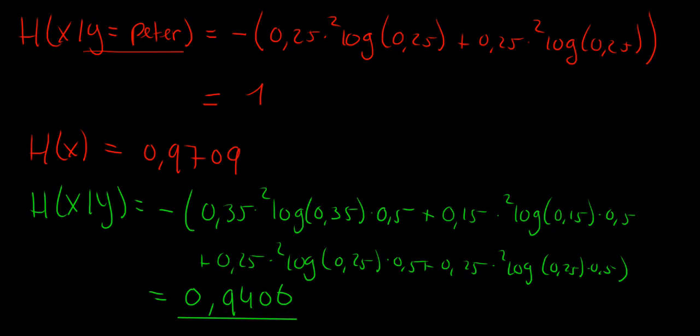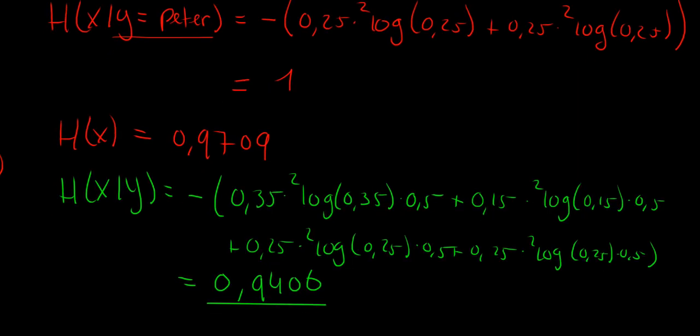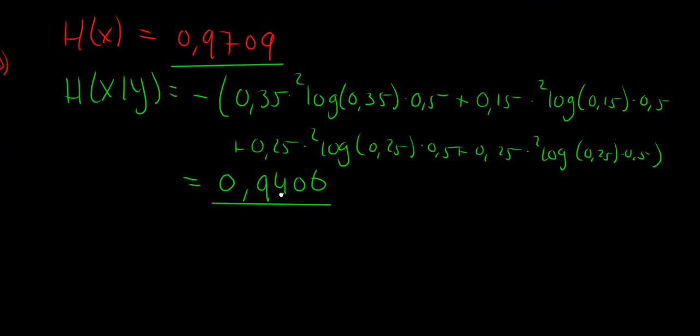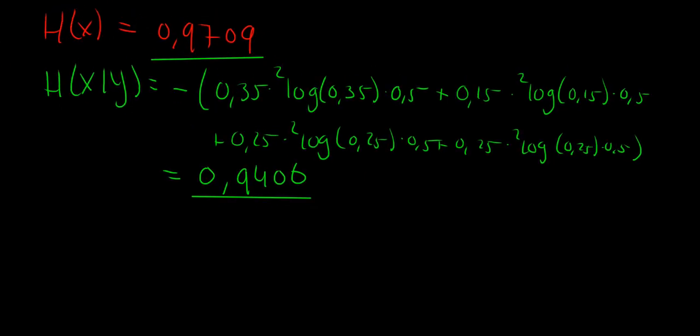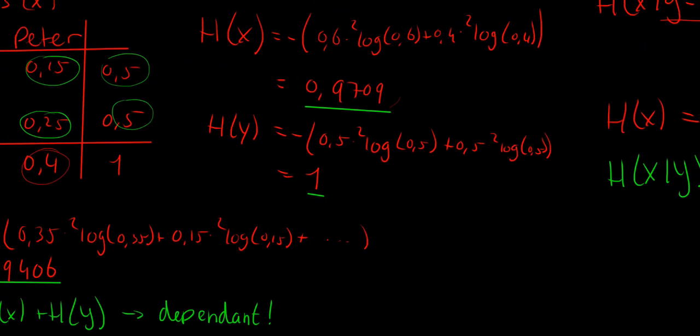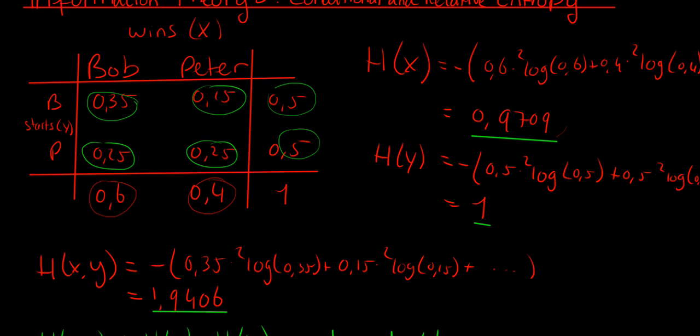And this is indeed smaller than the entropy of X itself. And this shows that we are more certain of the outcome given Y. And Y can be that either Bob or Peter starts our match. And because Bob here has the advantage, that means that the entire entropy goes down a little bit.